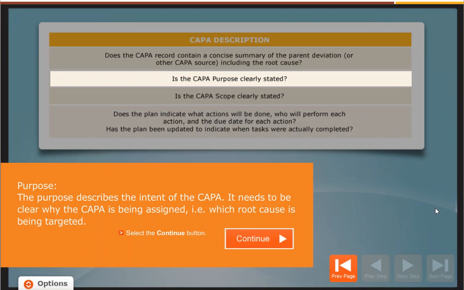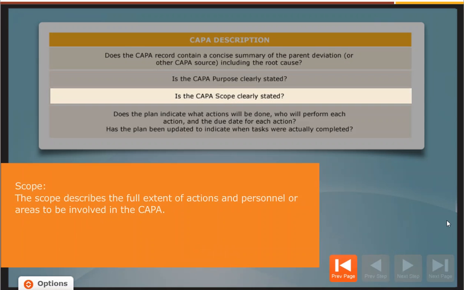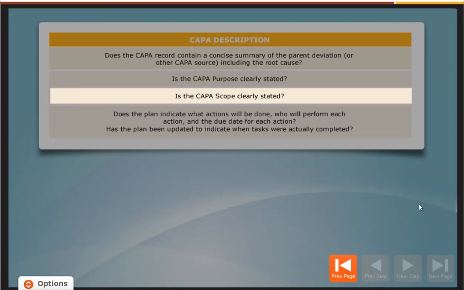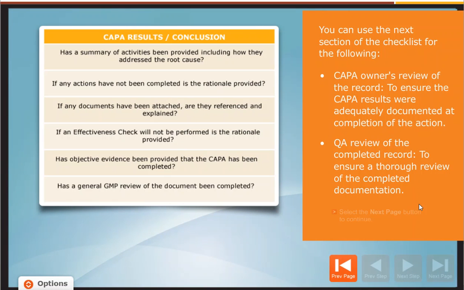Is the purpose clearly stated? Is the scope clearly stated? You can use the next section of the checklist for CAPA owner's review of the record and QA review of the completed record.